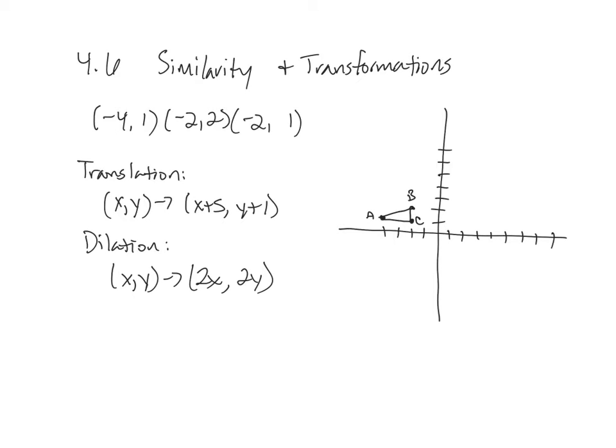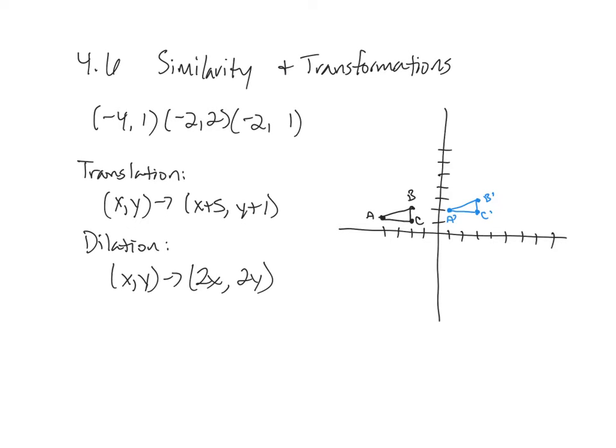So the A point, 1, 2, 3, 4, 5, up 1 would go there. And then the C, 1, 2, 3, 4, 5, up 1, and the B would go like that. So that would be our C prime, B prime, and A prime.